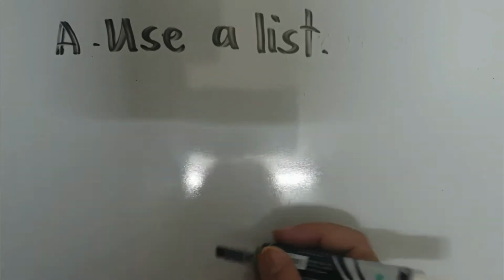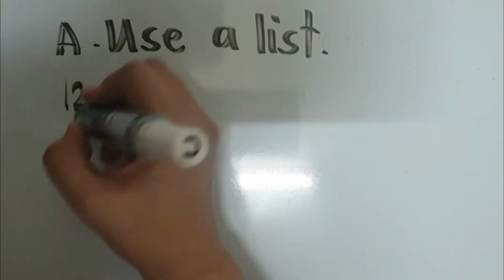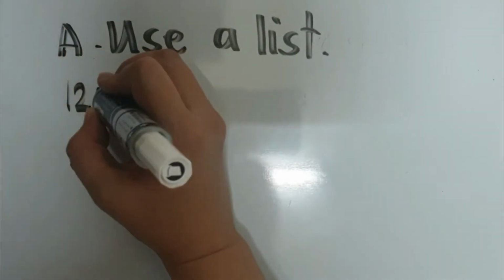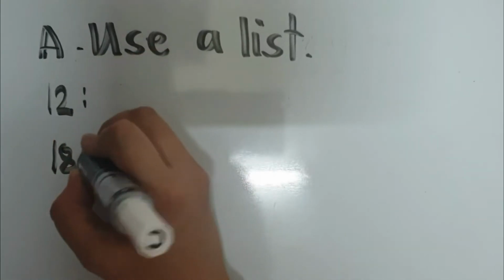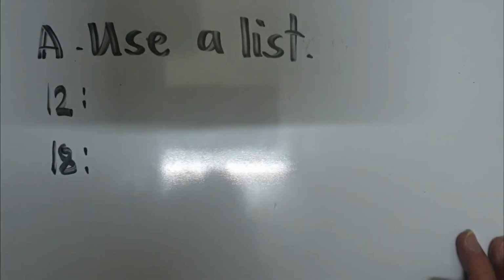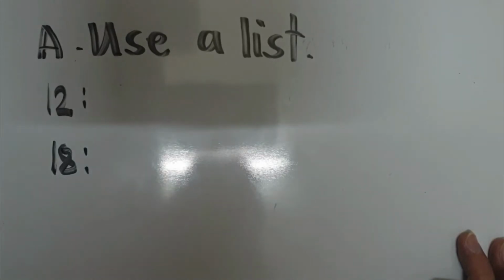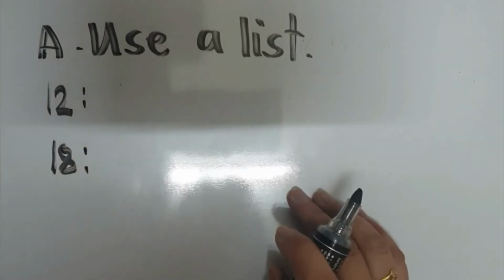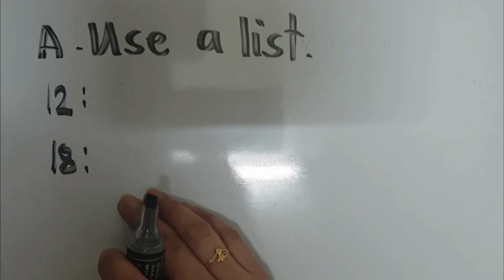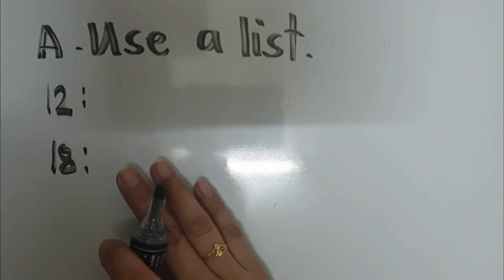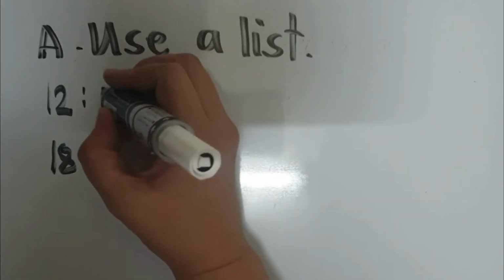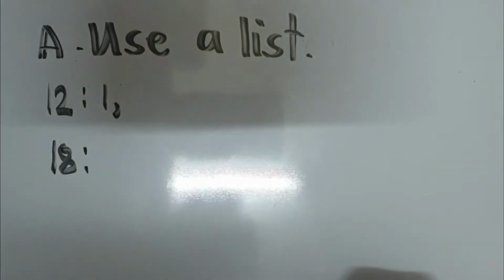So suppose we're going to find the GCF of 12 and 18. You are going to find the factors of 12 and 18. Now, the factors are the numbers that you multiply to get that number. When we are asked to write the factors of numbers, we always start with 1.